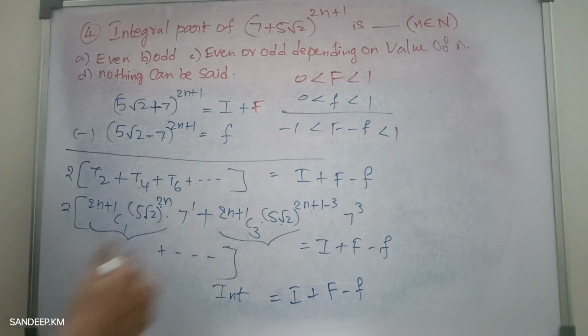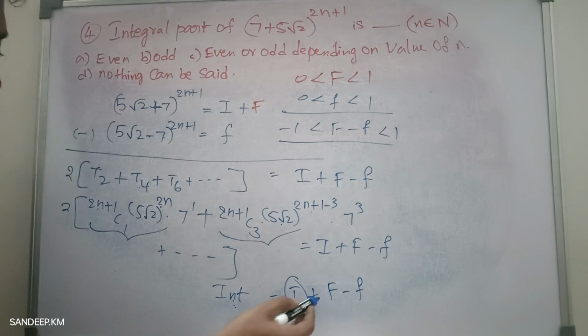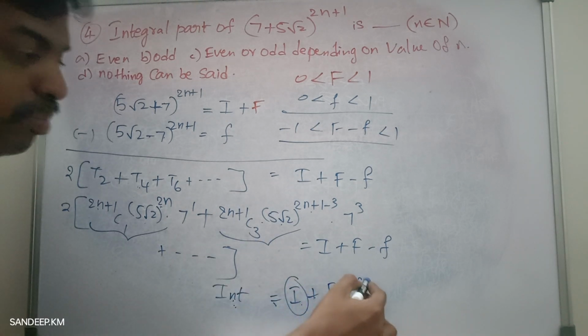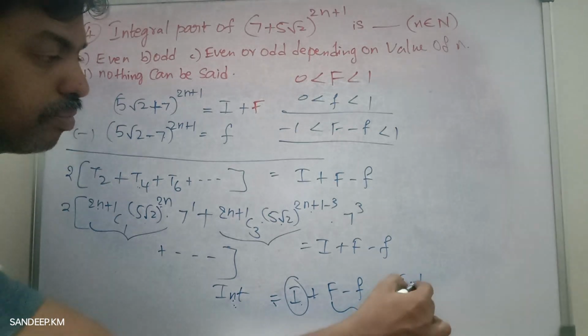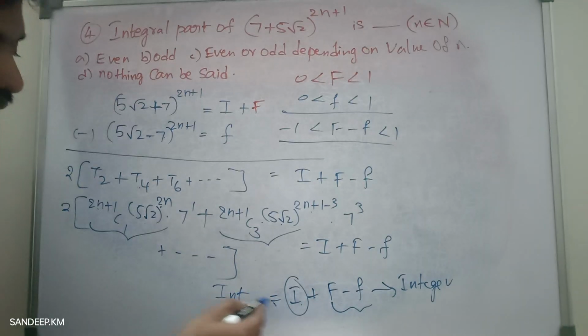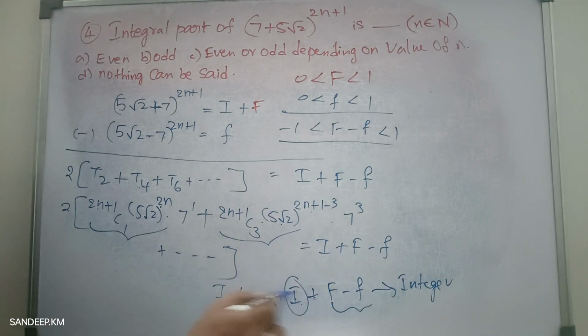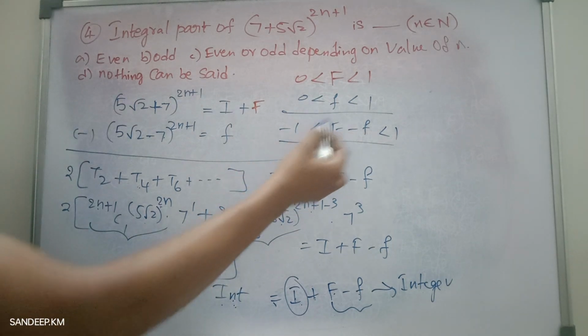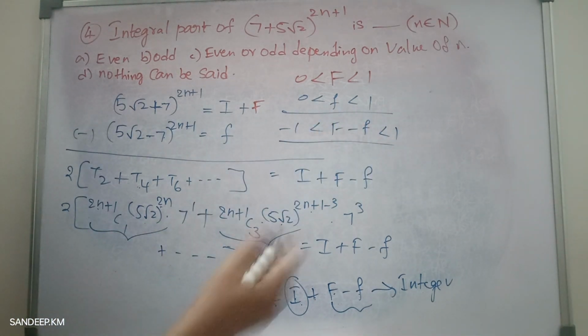You can check the previous video to understand this. So therefore, dear students, LHS is an integer, and I is an integer. Integer is equal to integer plus what? Then this must be an integer. So capital F minus small f is an integer. The only integer between minus 1 and plus 1 is 0.